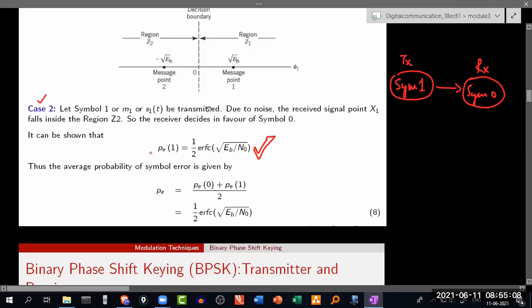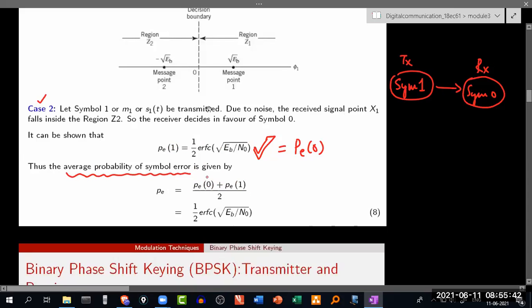We can also show that the probability of error of 1, symbol 1 transmitted, is also equal to 1 by 2 complementary error function of square root of EB by N naught. So both the expressions, probability of error of 0 as well as probability of error of 1, are one and the same. And in fact, the average probability of symbol error is given as the average between these two.